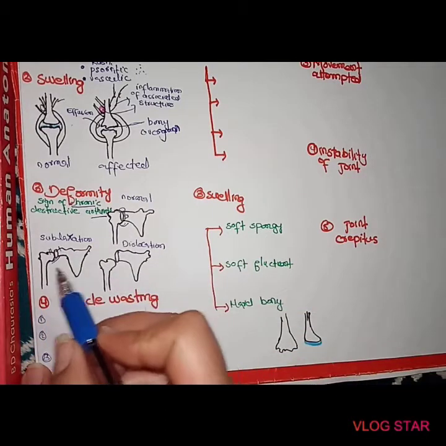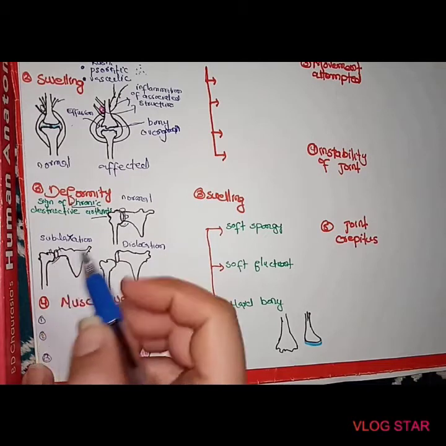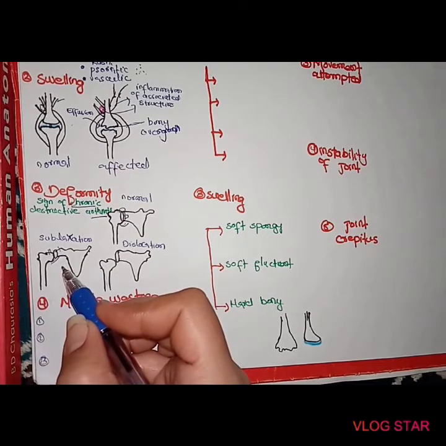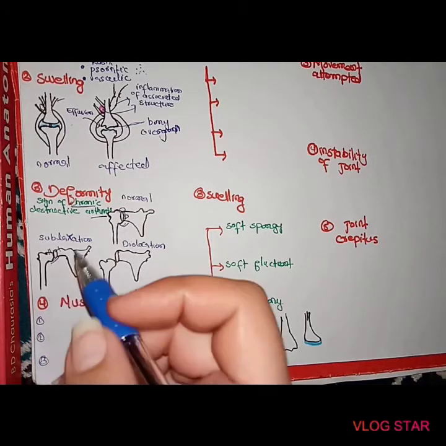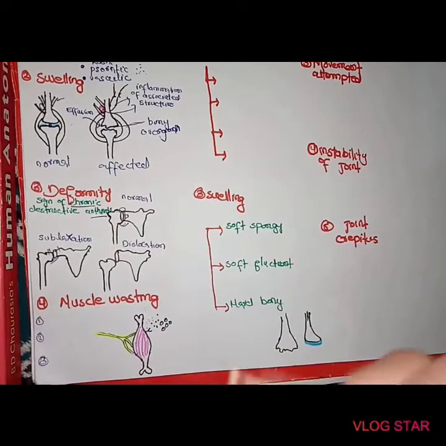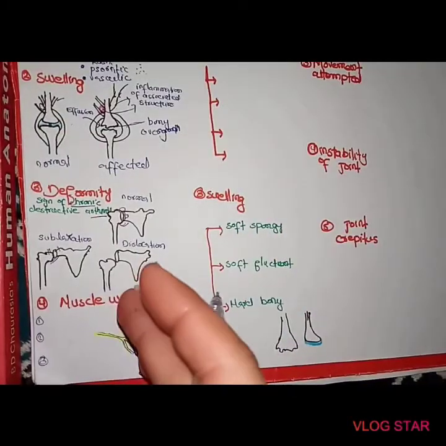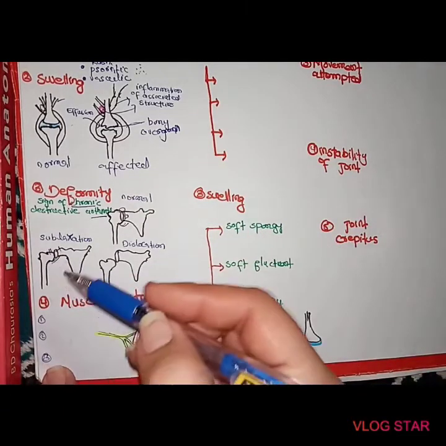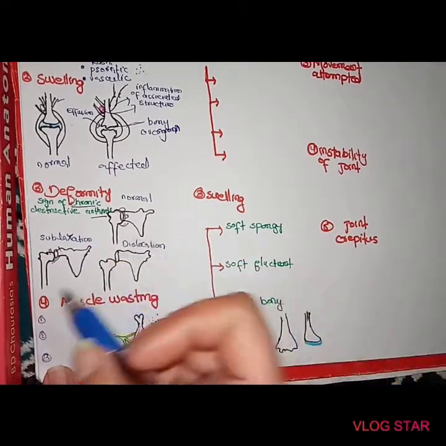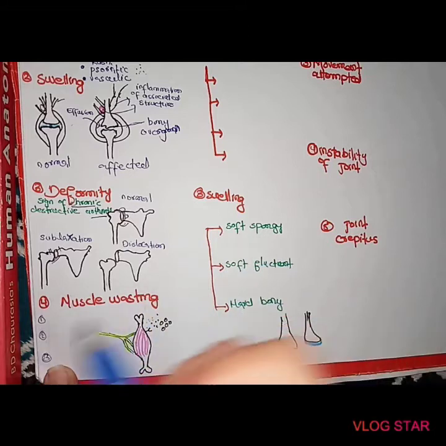So it is actually a partial dislocation, where some relations are kept. In anatomy we learn that there are relations anteriorly, some different structures, and posteriorly other relations, but in dislocation all of these relations are completely cut off.